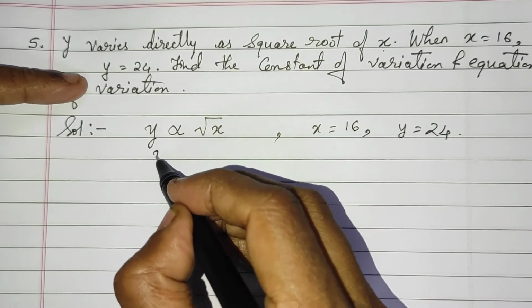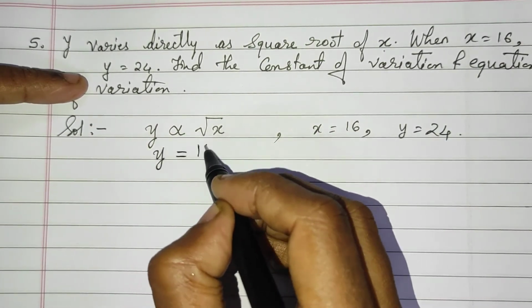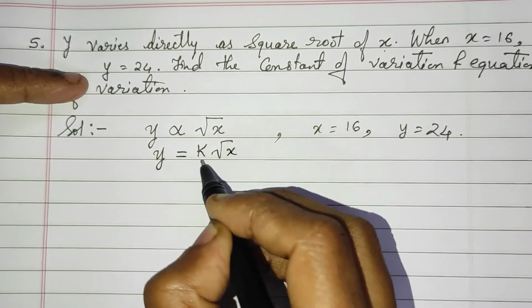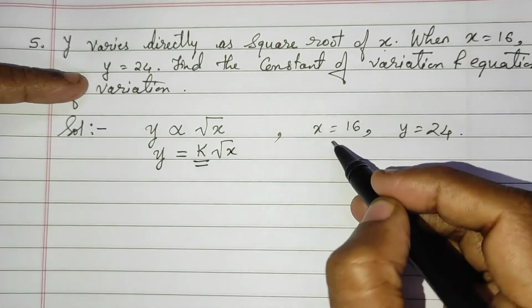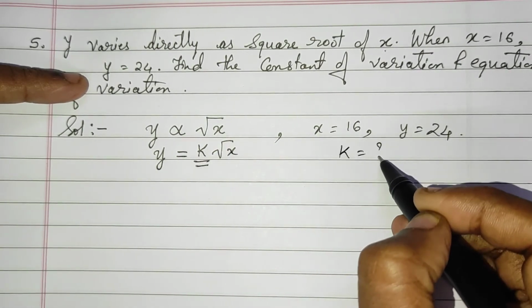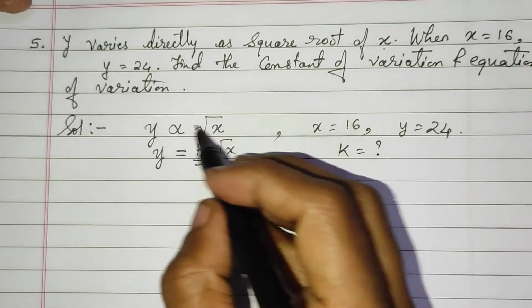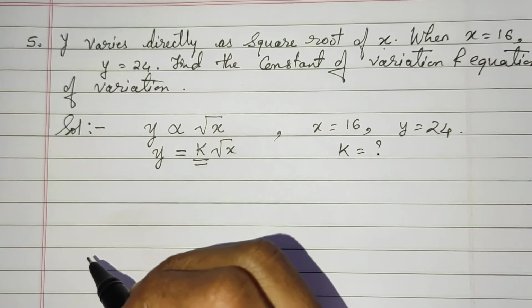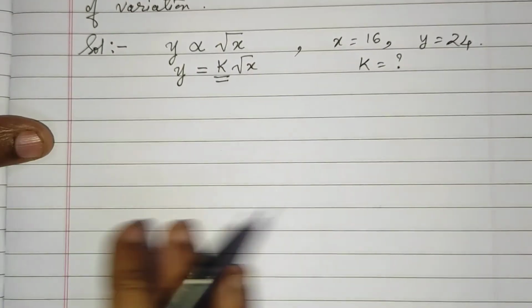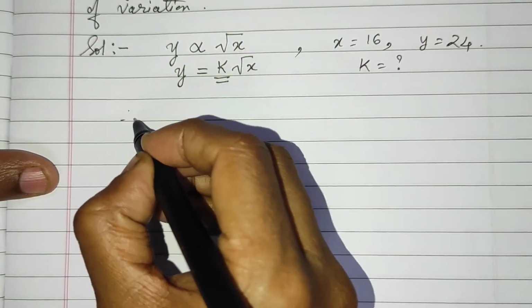So the constant of this is, y is equals to k square root of x. This k they are asking us to find out. And then the equation of variation.